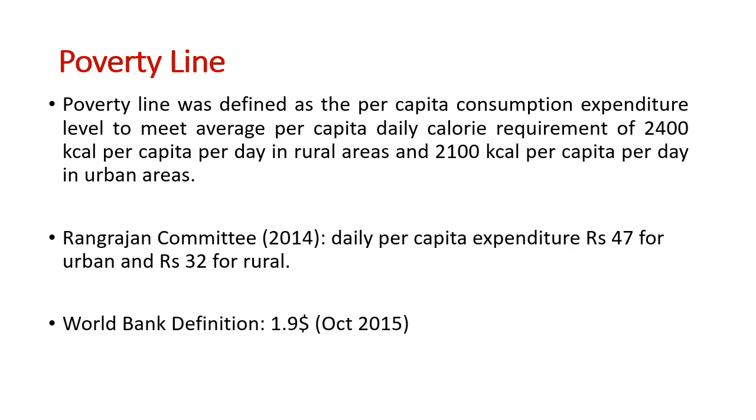It gave 32 rupees per capita per day as the cutoff limit for rural areas and 47 rupees per capita per day for urban areas. Then the World Bank definition: if a person earns less than $1.9 per day, then she is below the poverty line. This was updated in 2015.